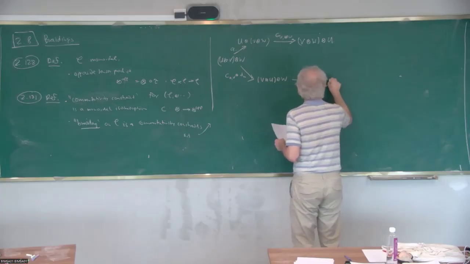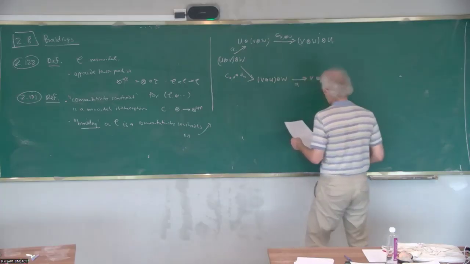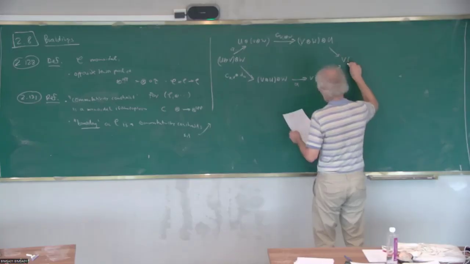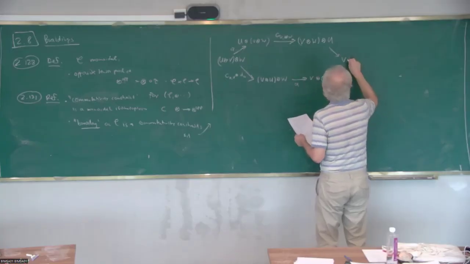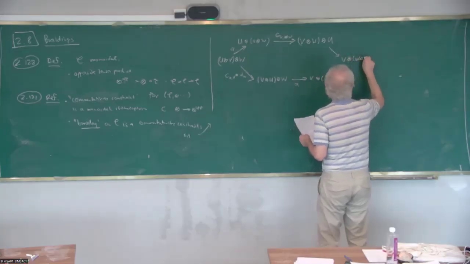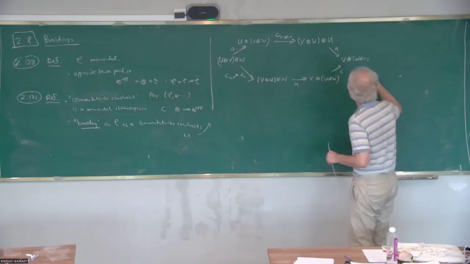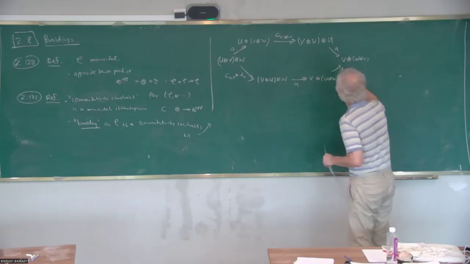from which we can, again via the associator, get to V tensor U tensor W. And from both of these, we get to V tensor W tensor U here by an associator, and here by identity on V tensor with CUW.